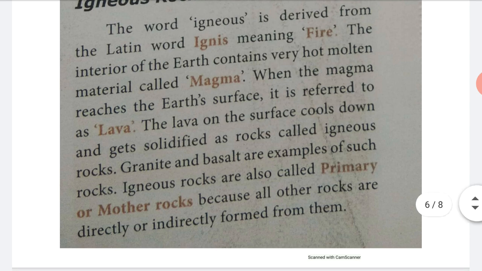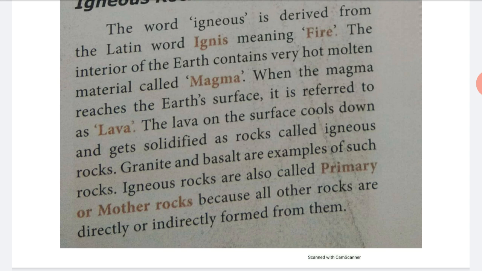The lava on the surface cools down. Why does the lava cool down on the surface? Because the air moves. The cooled lava solidifies into rocks called igneous rocks. Examples of igneous rocks are granite and basalt.